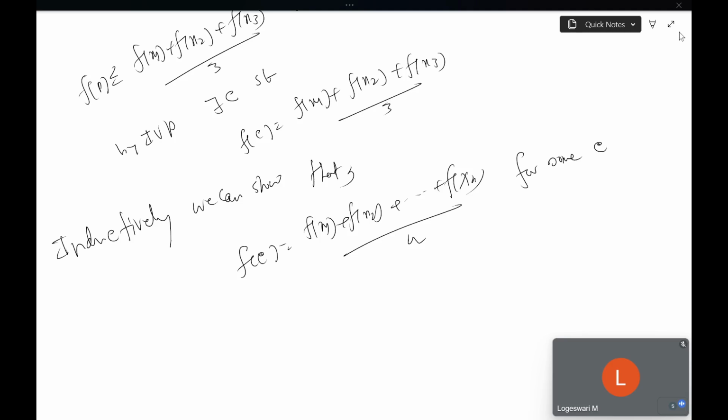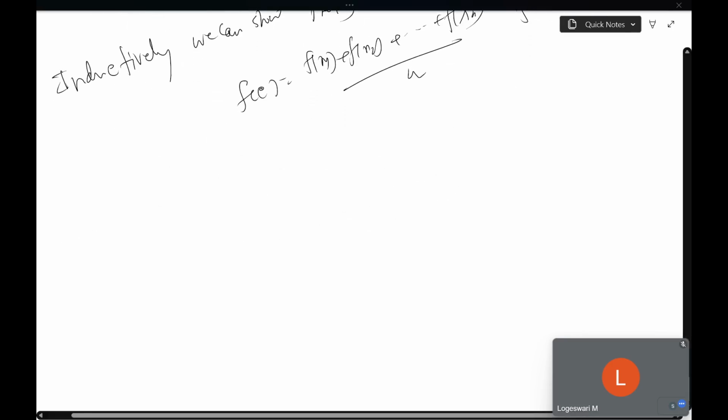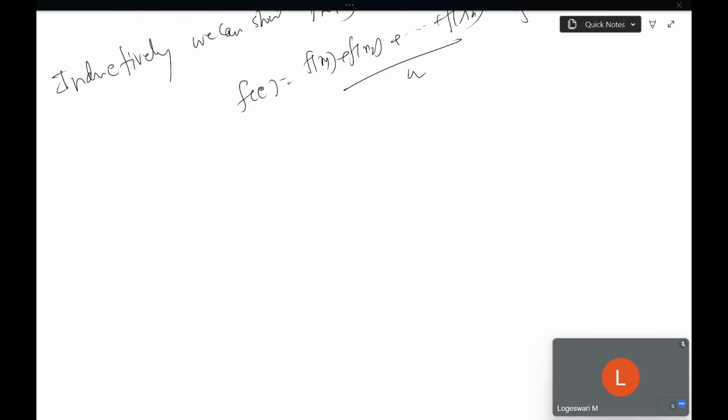Okay, so what is the next problem? Also this following problem.